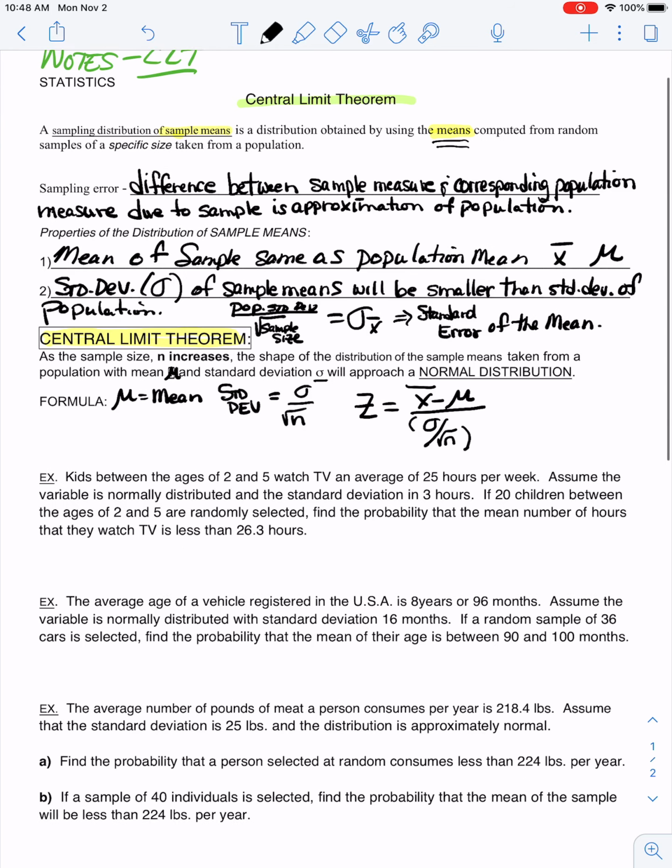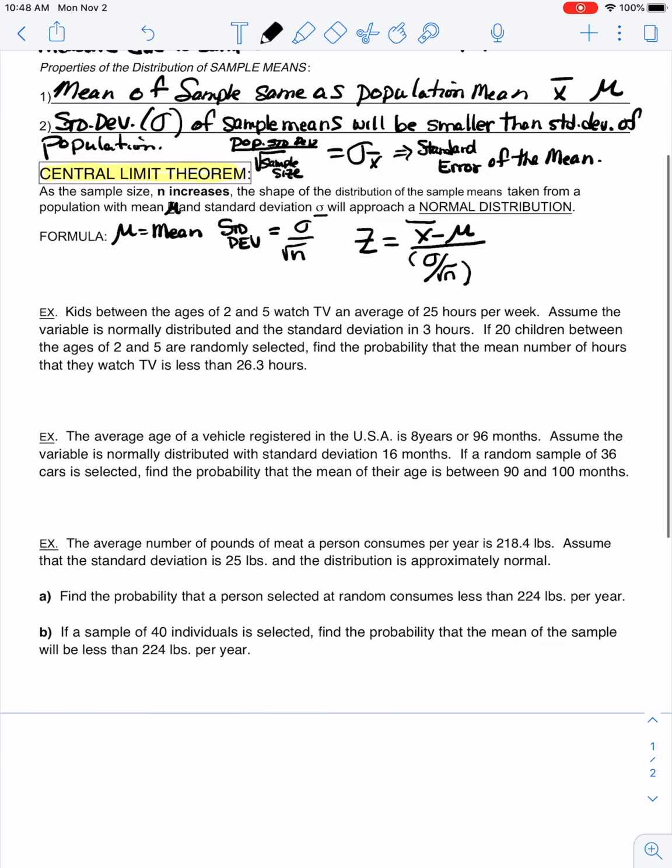Okay, all right, so let's take a look at an example here. Kids between the ages of 2 and 5 watch TV an average of 25 hours per week. Assume the variable is normally distributed and the standard deviation is 3 hours.